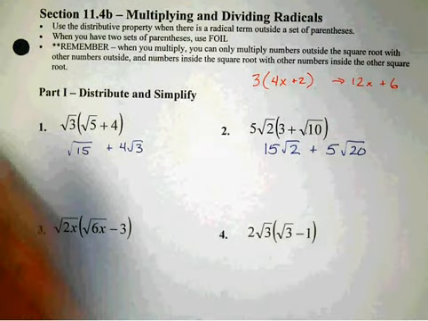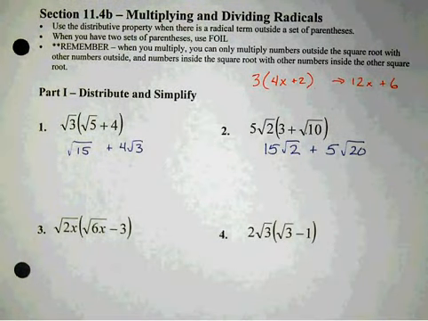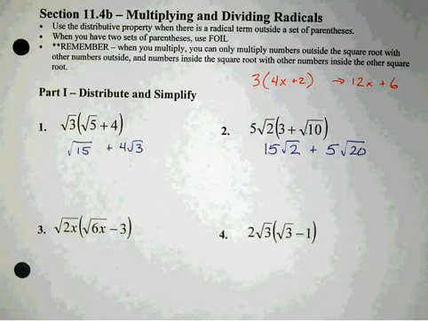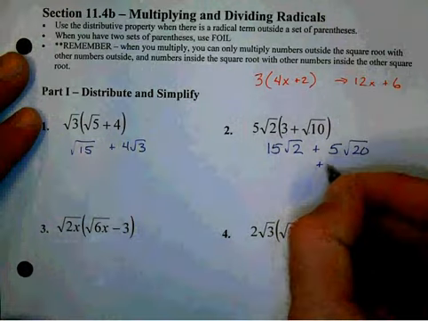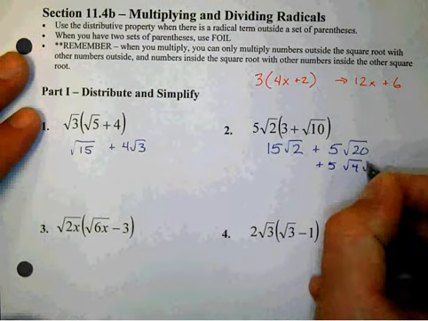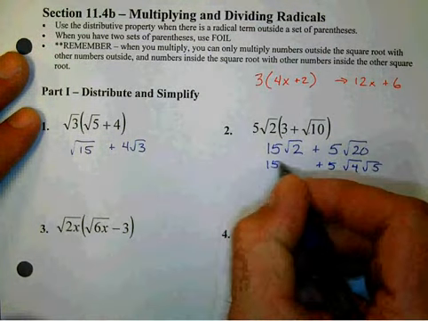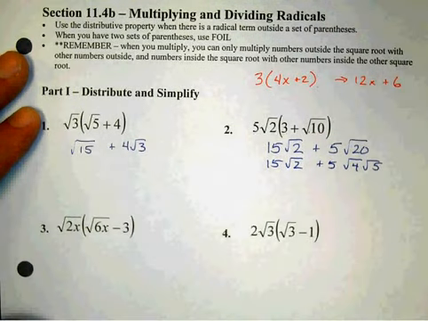Now we got to pause for a second. Sometimes when you multiply radicands, you end up with a radicand that can be simplified. Think with me about 20. How does 20 break down? 4 and 5. Now I need to recopy the 15 root 2 because you always want to keep your lines consistent.